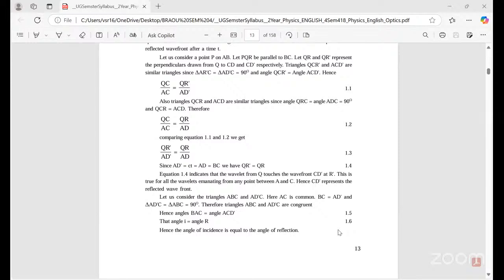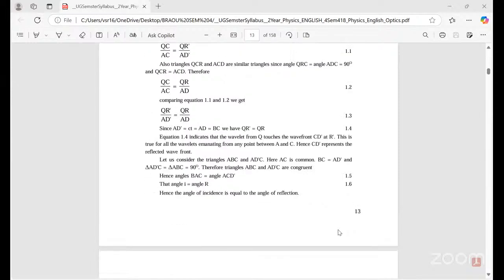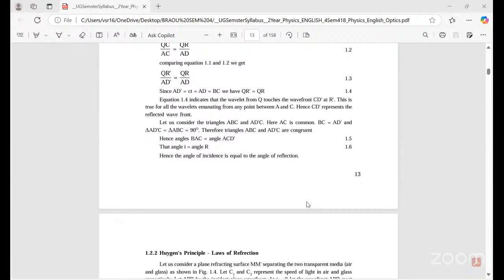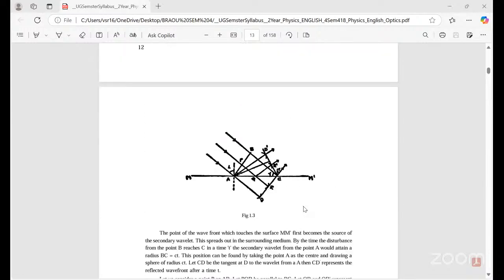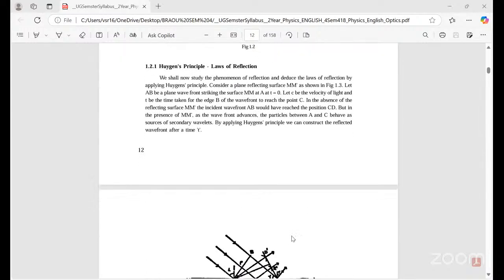By considering all these conditions, BC equals AD dash, and by doing all these calculations, the angle of incidence equals the angle of reflection. That is the law of reflection from the Huygens principle.